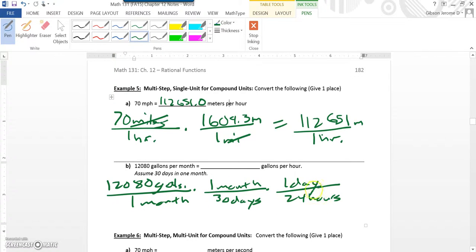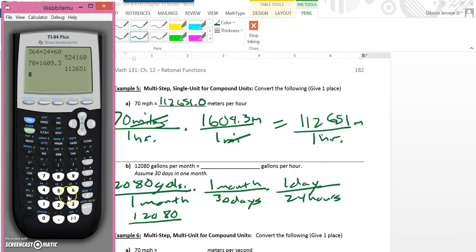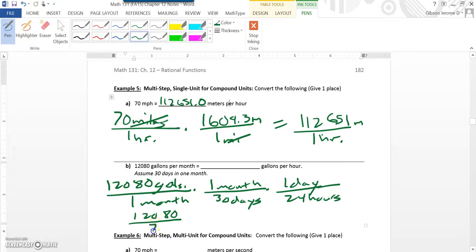Okay, so now we will multiply all of this. So we had 12,080 in our numerator. In our denominator, we would take 30 times 24, and that will give us 720. And we know all of the months and the days will be simplified out.